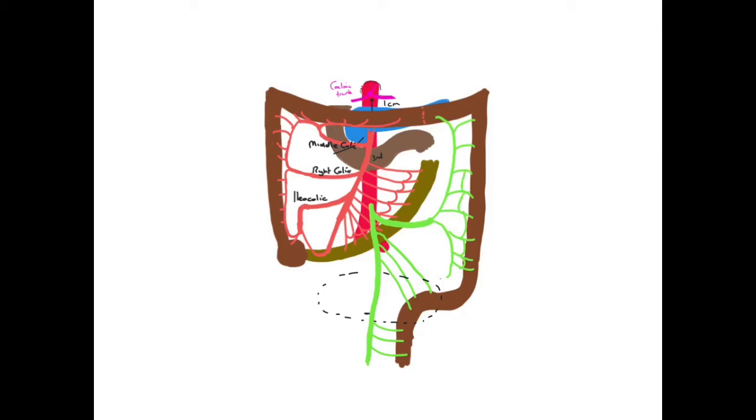So if we go back up to the left colic, even the left colic up here will anastomose with the middle colic. So we've got all these connections, and these will be connected together, and these will be connected together, like so.